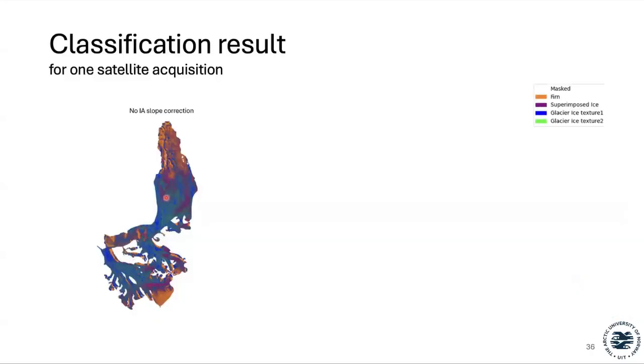What this gives, so I wanted to show you first what happens if you don't have any correction. So the orange here is the firn. Okay, I see I have 10 minutes left. The purple is superimposed ice, and glacier ice is blue and green. So this is without any type of correction.